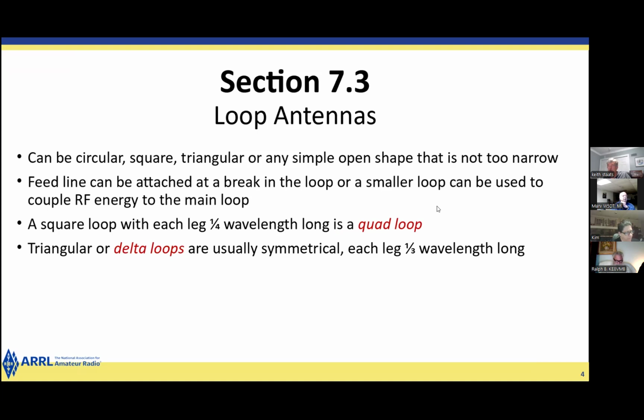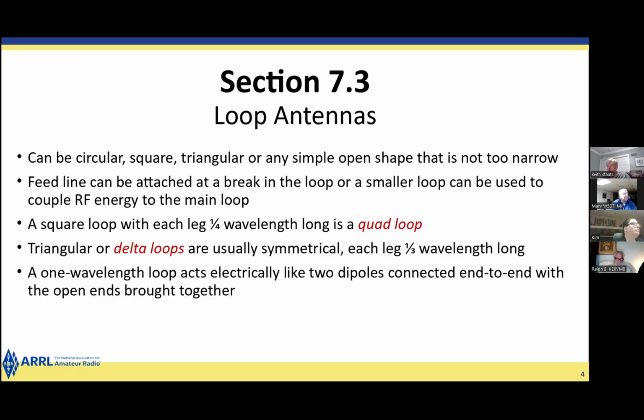Now, triangular or delta loops are symmetrical with each leg a third of a wavelength long, and with an attachment point at a corner. One wavelength loop acts electrically like two dipoles connected end to end with the open ends brought together.